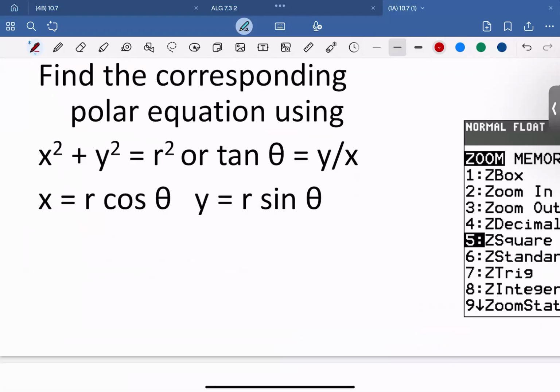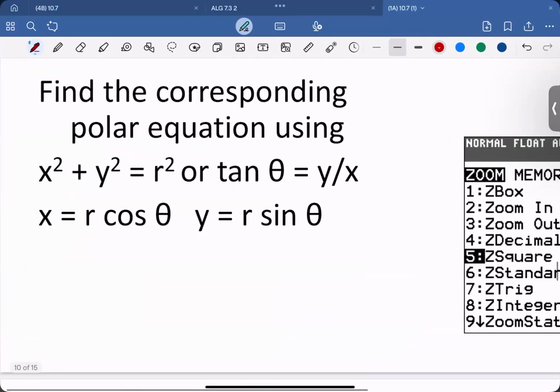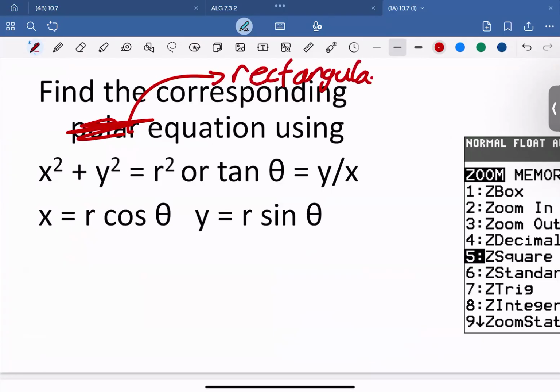Let's see a little bit of the relationship actually pan out. Find the corresponding rectangular equation, oops, this should say rectangular, sorry about that. We're given a polar part, which is r equals 2. So I'm going to use this one because we're given r.